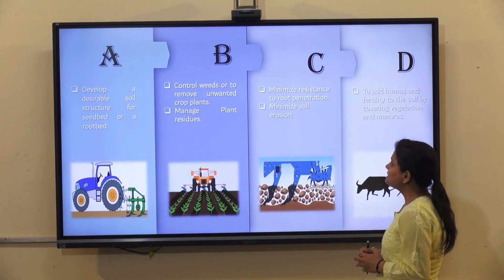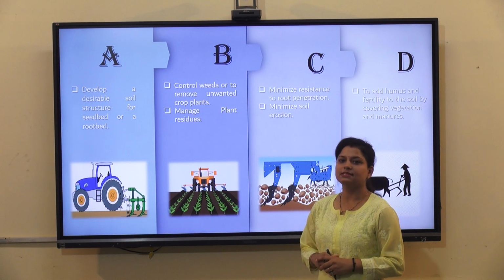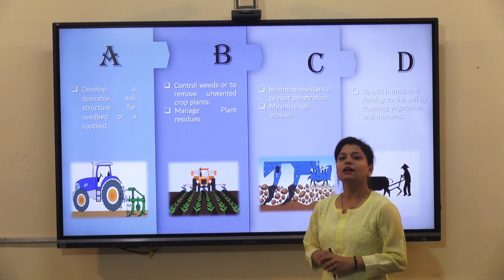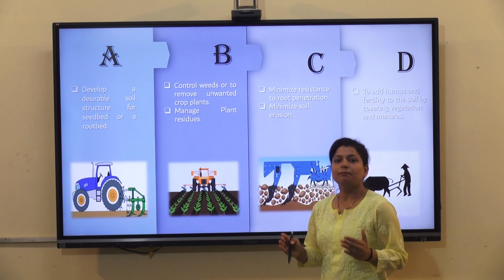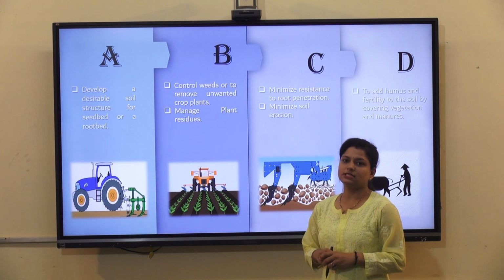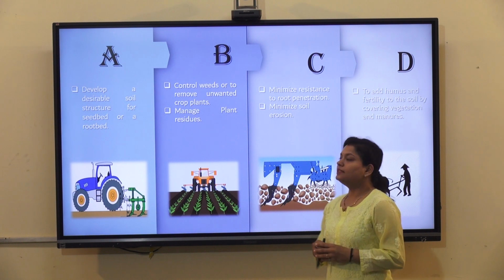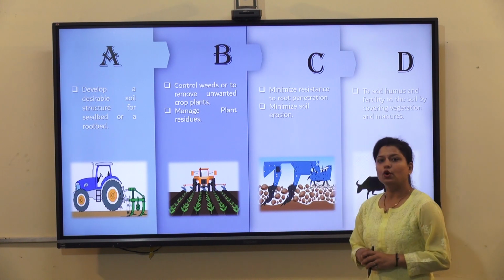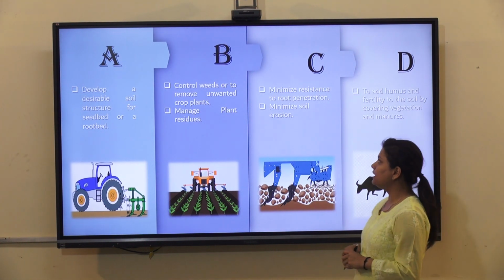Next is to minimize resistance to root penetration. As I discussed in the previous slide, if we suddenly open the soil, there are big clods, and if we directly sow the seeds on those big clods, they do not allow growth, and there would be resistance for the root. Next is to minimize soil erosion.